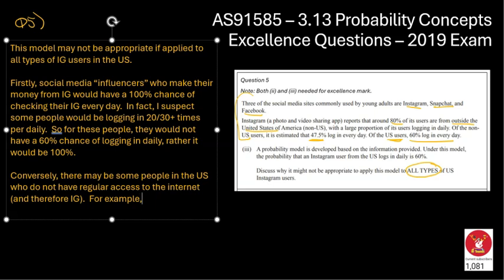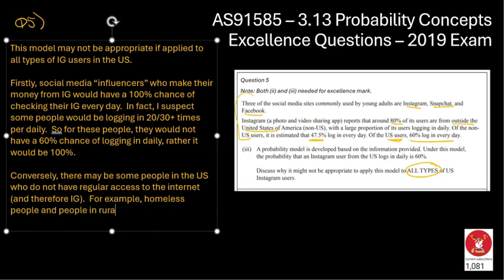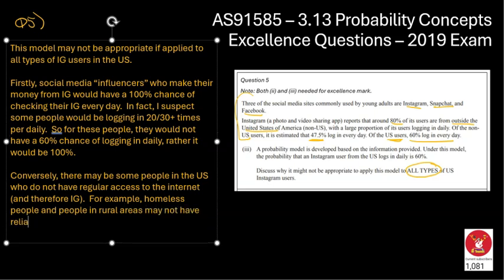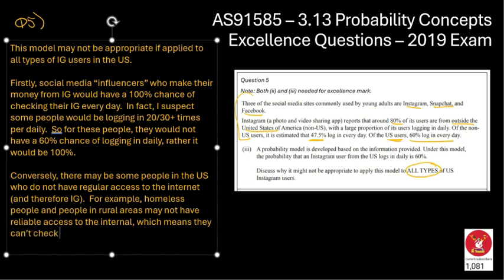For example, homeless people and people in maybe rural areas of America may not have reliable access to the internet, which means they can't check IG even if they wanted to.